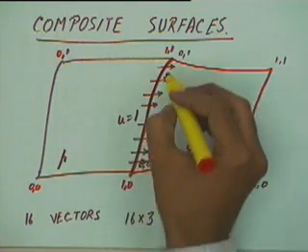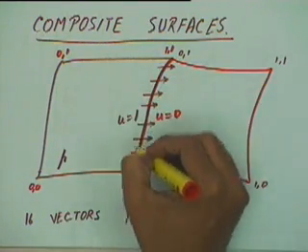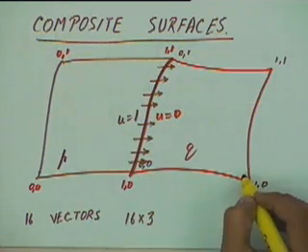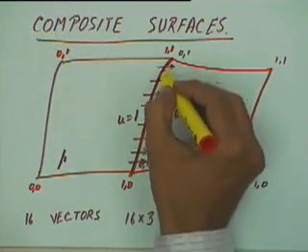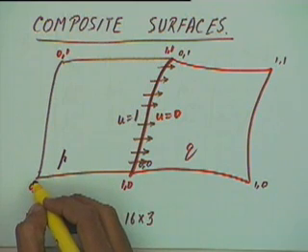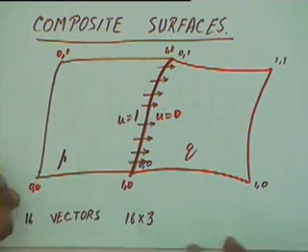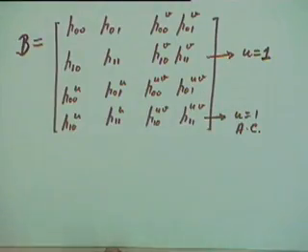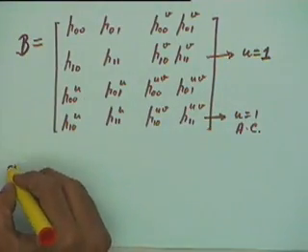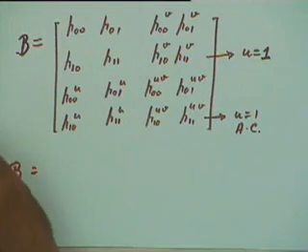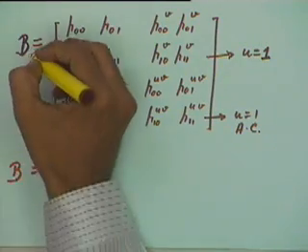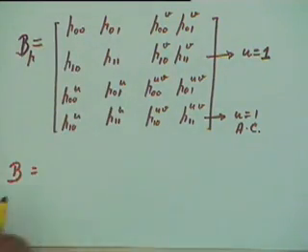Secondly, the auxiliary curve along this for the Q patch should be the same as the auxiliary curve along this for the P patch. Now if I want to write the B matrix for the Q patch, let us say that this is B for P and this is B for Q.